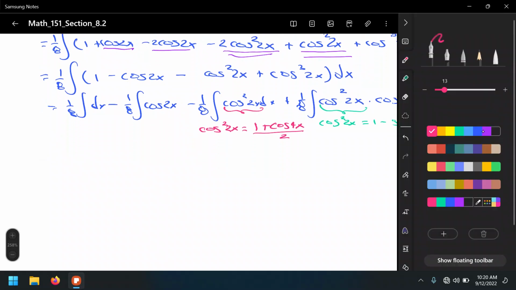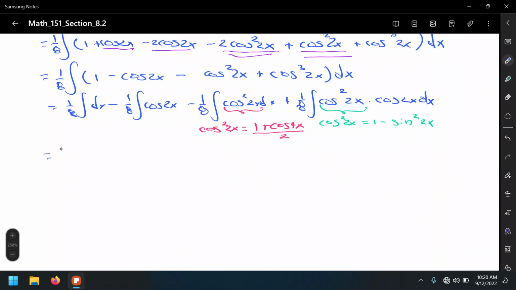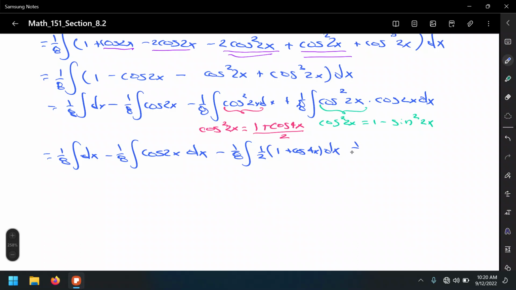So that's 1/8 integral of dx minus 1/8 integral of cosine 2x dx minus 1/8 integral of 1/2 times 1 plus cosine 4x dx, and this integral will become 1/8 integral of 1 minus sine squared 2x, and adjust that, cosine 2x dx.